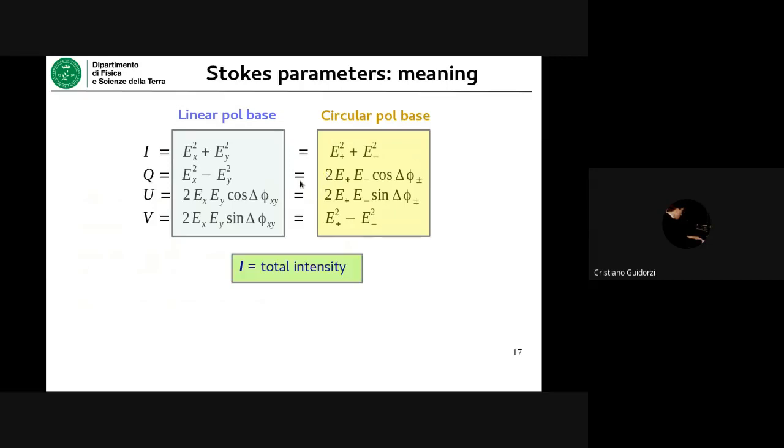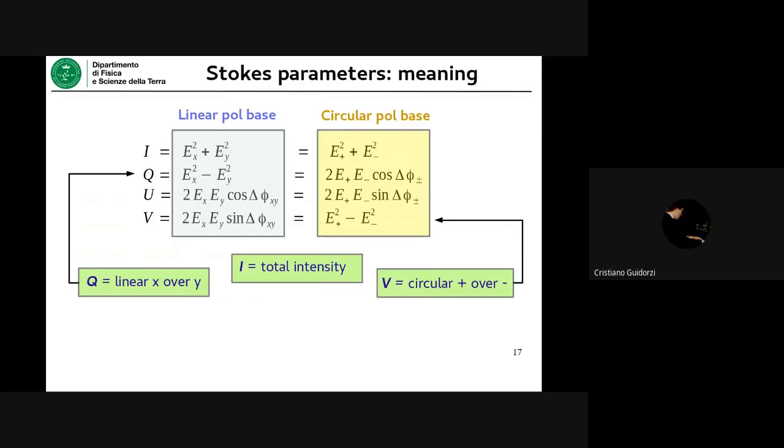So, just summarizing, I is the total intensity. Q, as I said, tells you how much X is dominant with respect to Y, while V tells you the same concerning the comparison between the two circular polarization waves, plus with respect to minus.